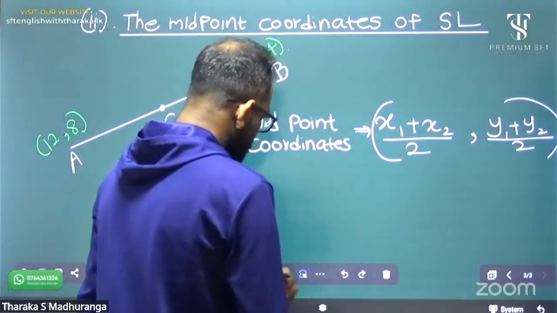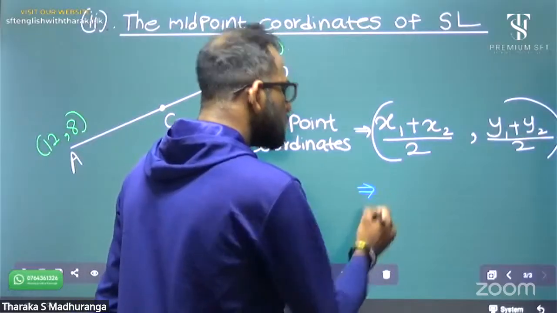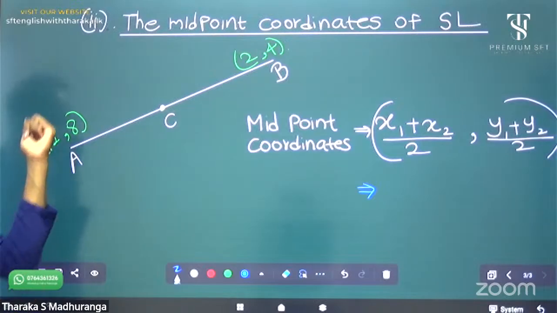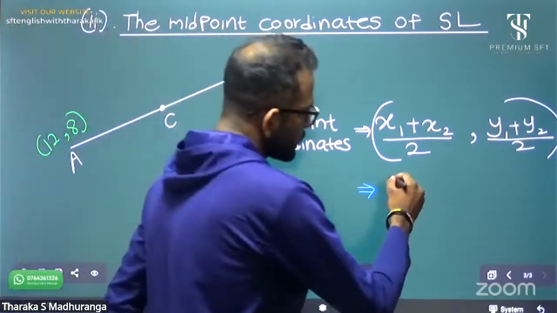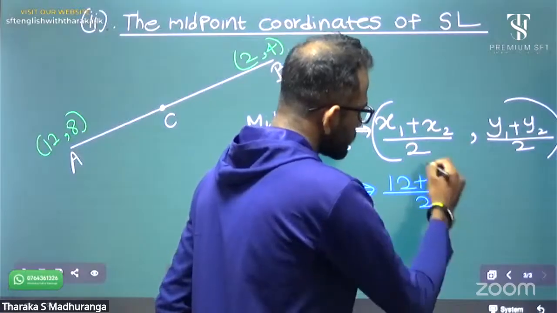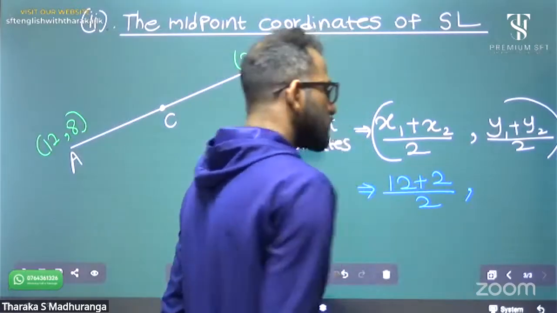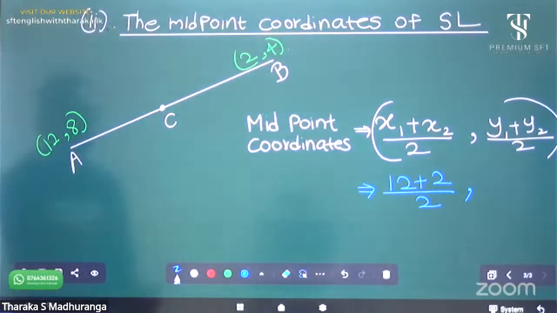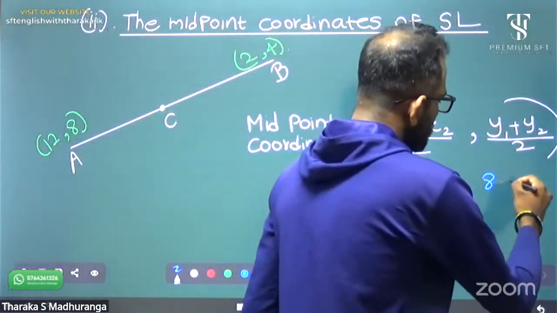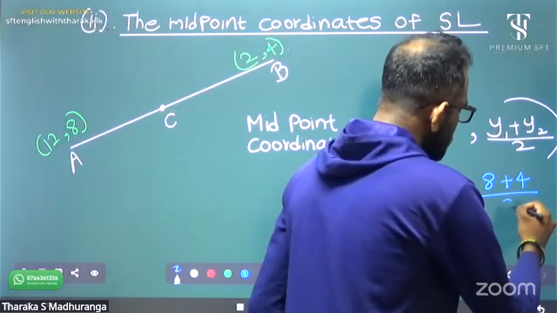Okay, let's calculate the midpoint coordinates of the C point. What is x1? x1 is 12. 12 plus 2 divided by 2, comma, 8 plus 4 divided by 2.